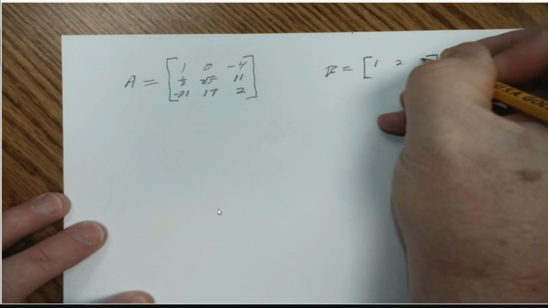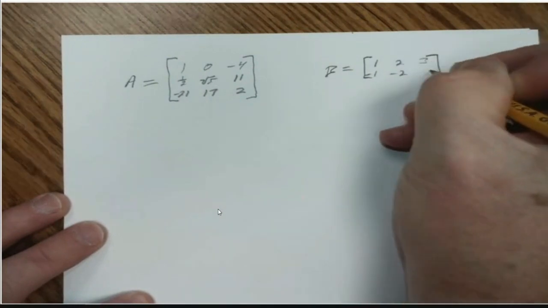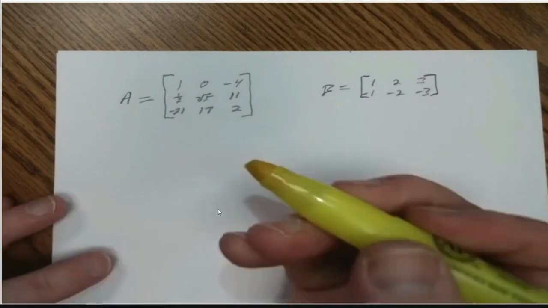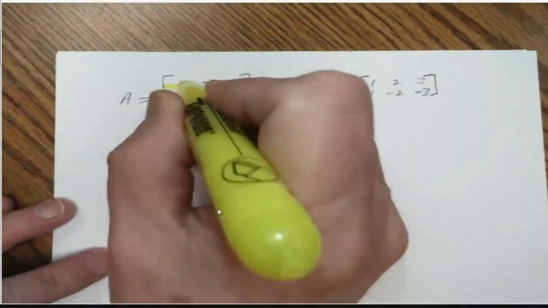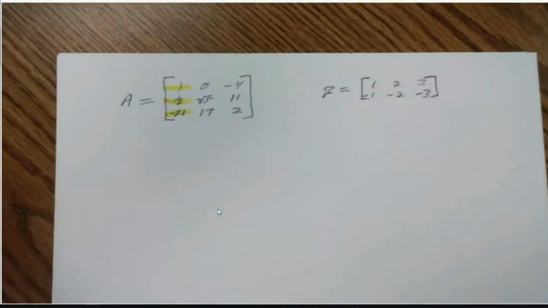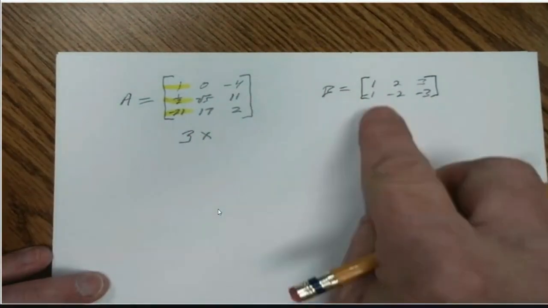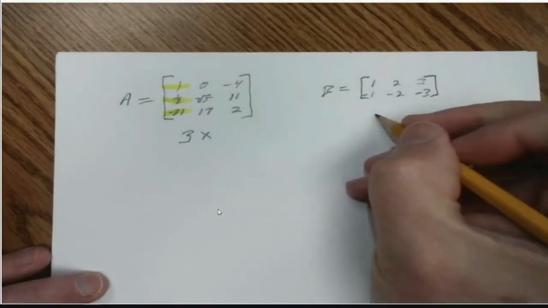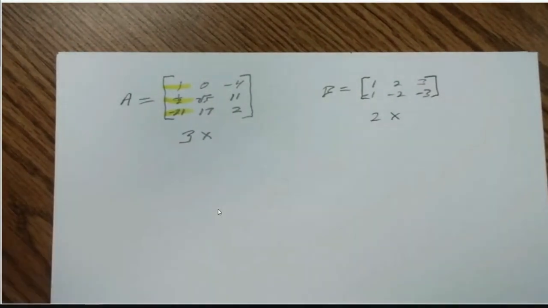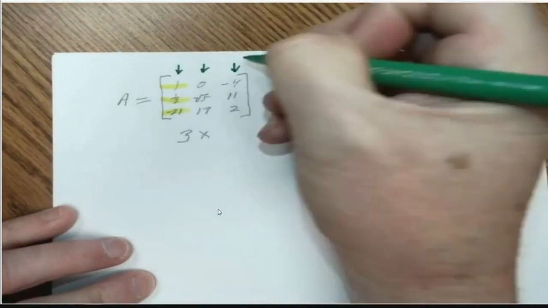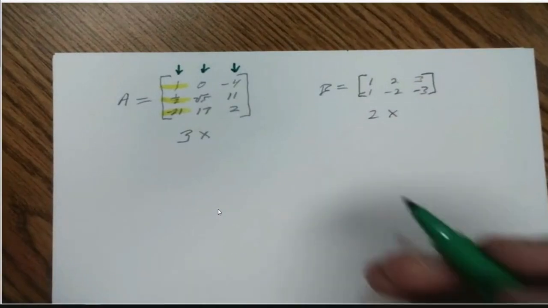1, 2, 3, -1, -2, -3. What you look at is how many rows are there? 1, 2, 3 rows. So this is a 3 by something. This one has 2 rows, 2 by something. And then how many columns does it have? So this has 3 columns.